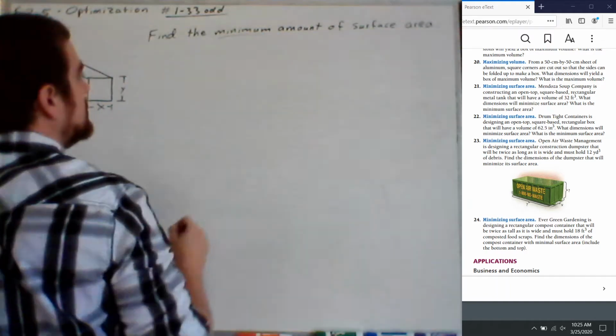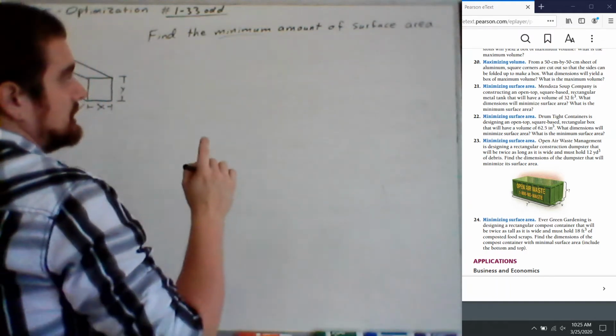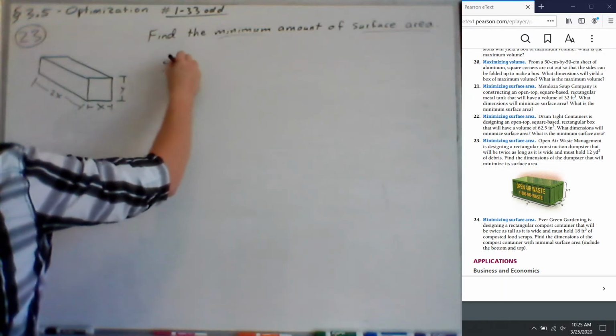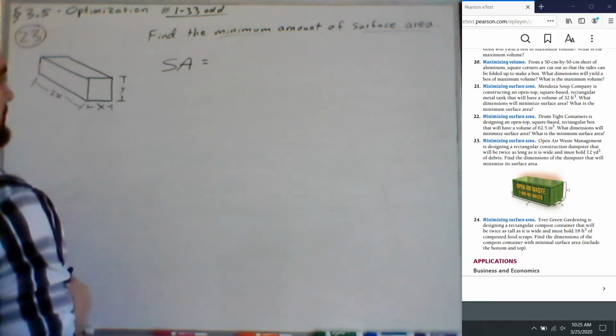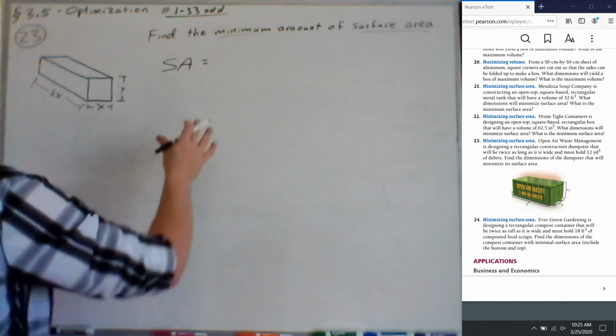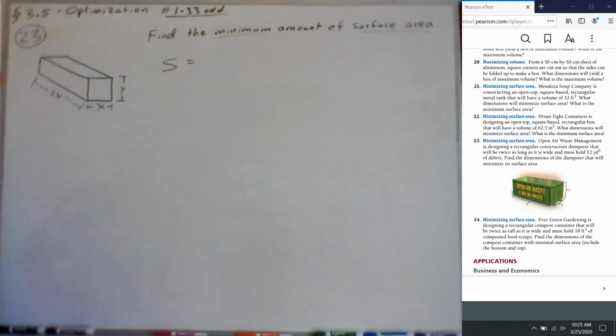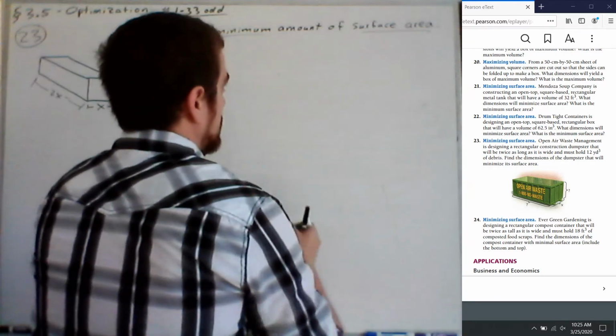You see that word minimum. That means you're trying to minimize surface area. I'm going to use SA for surface area, but let's just simplify it to S. One less thing to write. So let's call this surface area S.